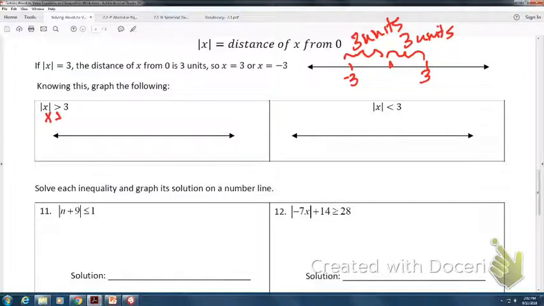Any number greater than 3, or less than negative 3. So you flip your sign and your symbol. What's on the other half of your inequality becomes negative, and then you flip your sign.